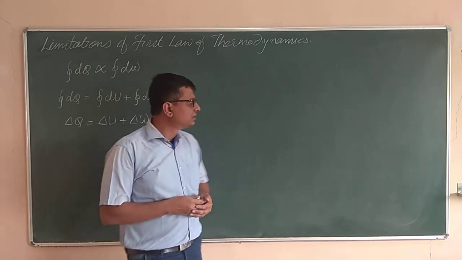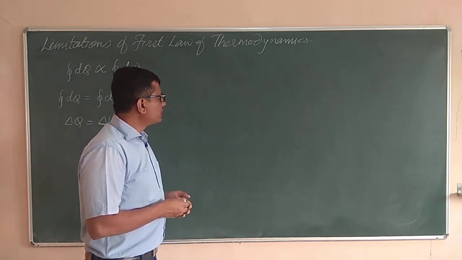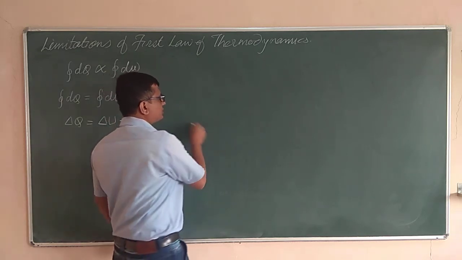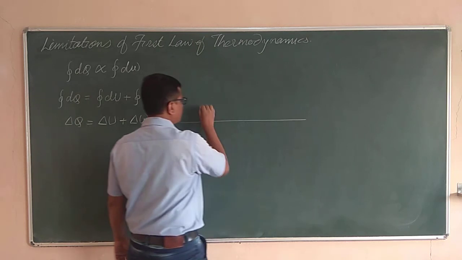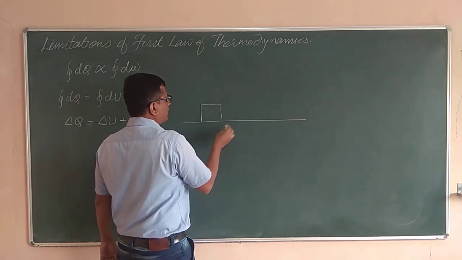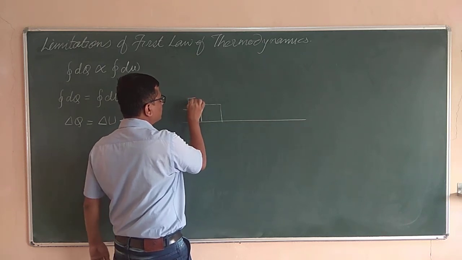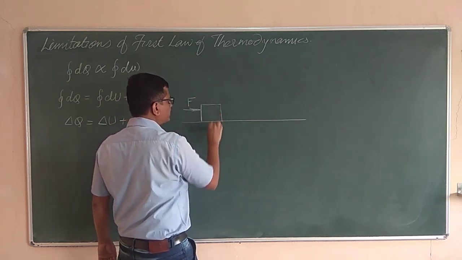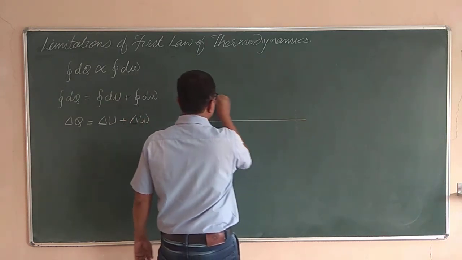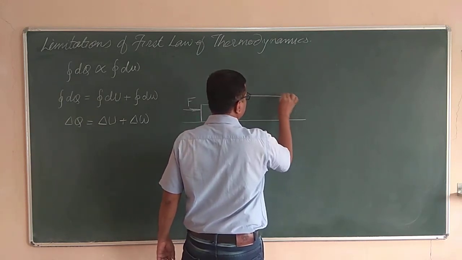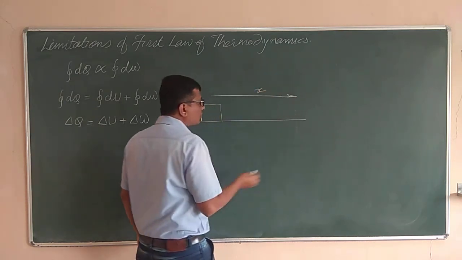For example, if I take one simple object and push it ahead, so some force is applied and the object is displaced from here to here, the displacement is x. So some work is done.